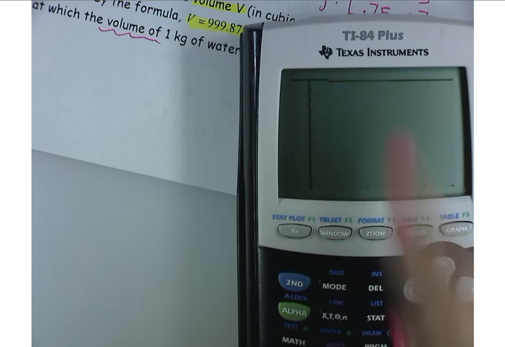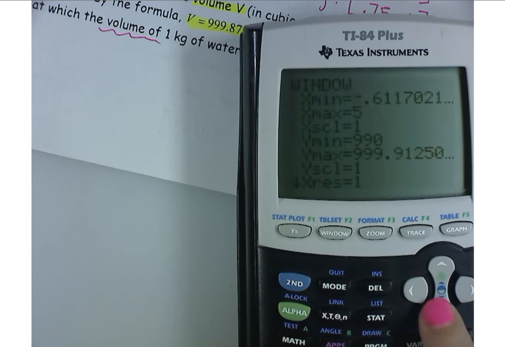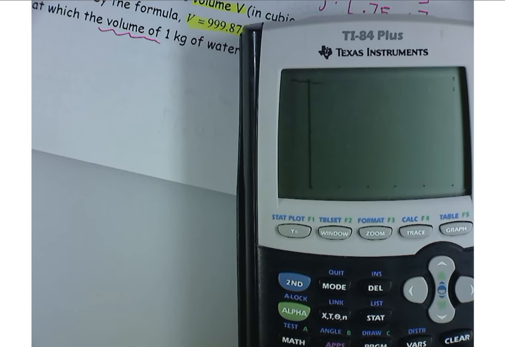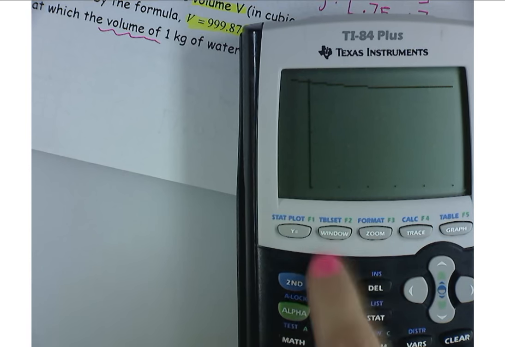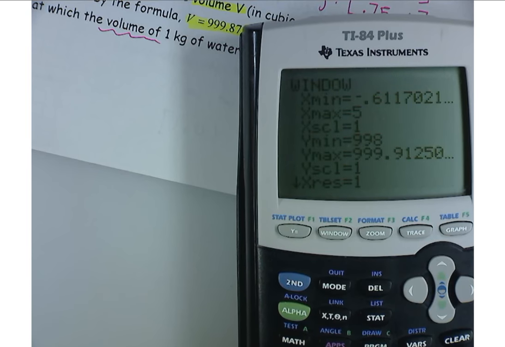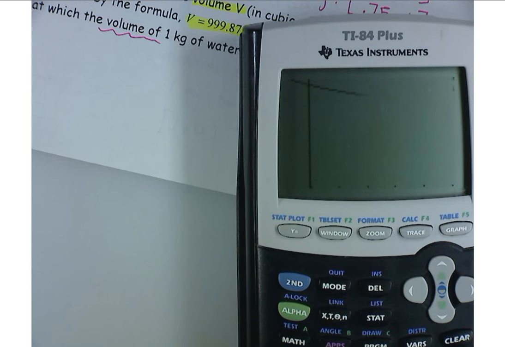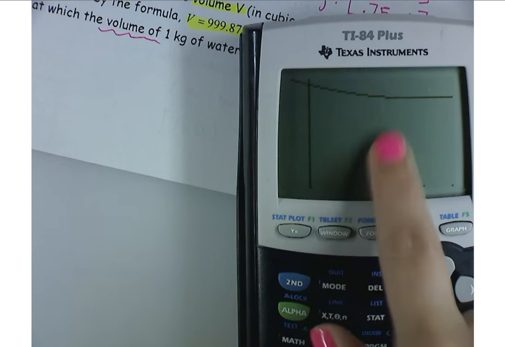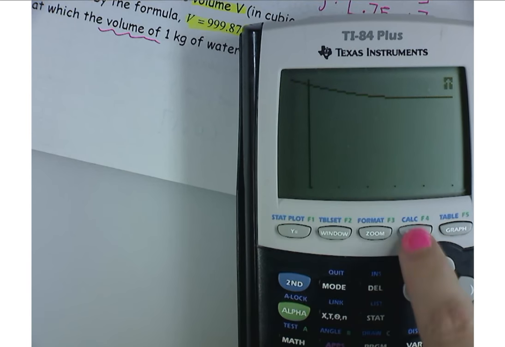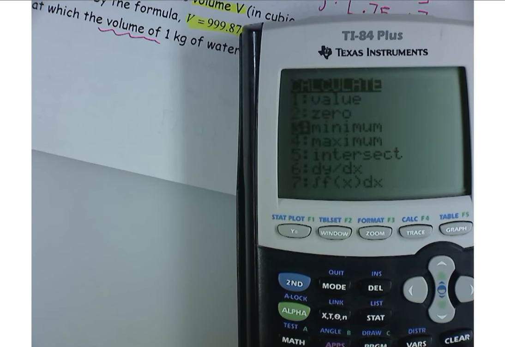Okay, so that's still not as good. Alright, I'll try 998. Okay, I'll try 999. Okay, so it looks like that's going to be a little bit better to find out what my minimum is.